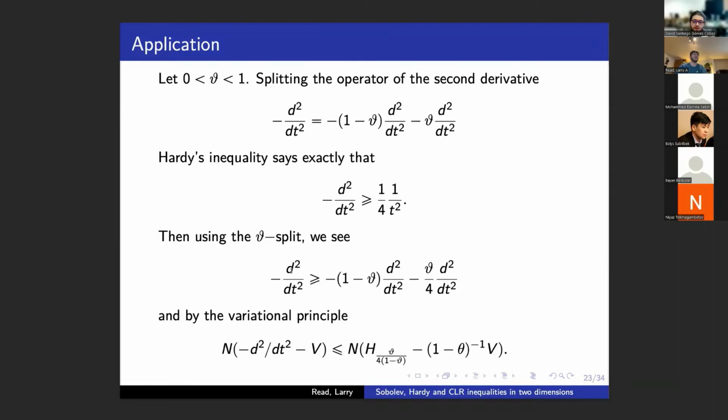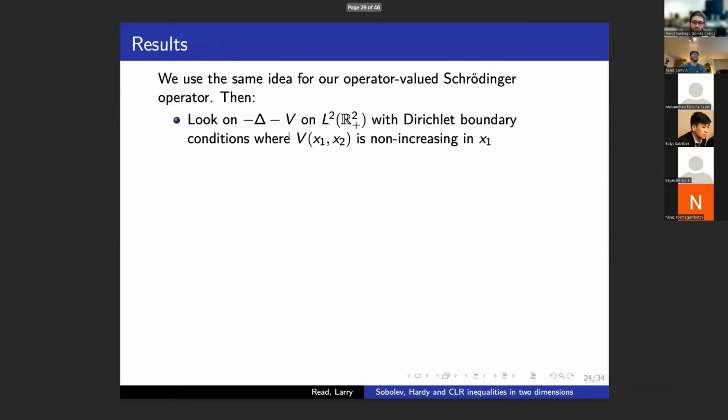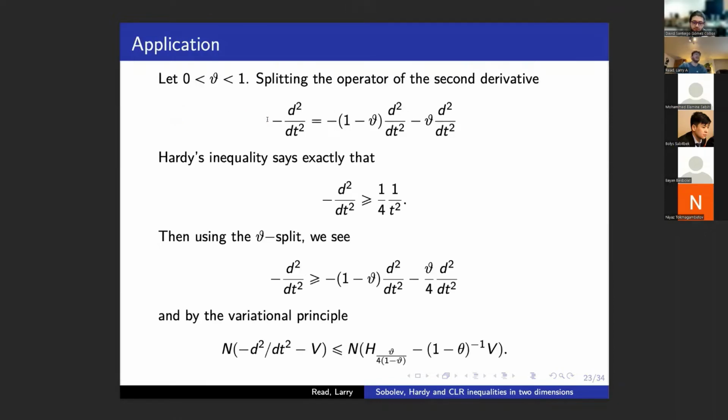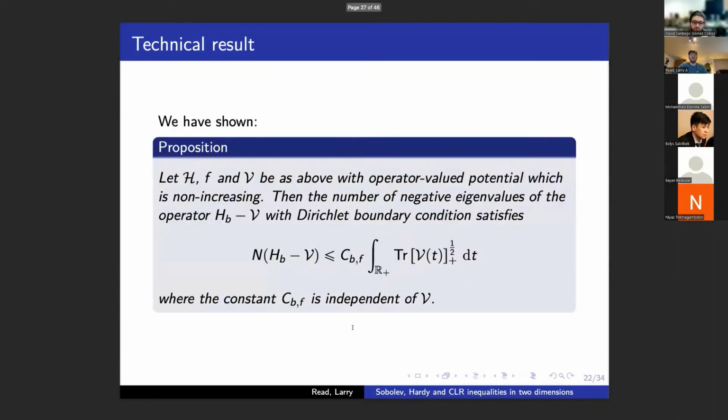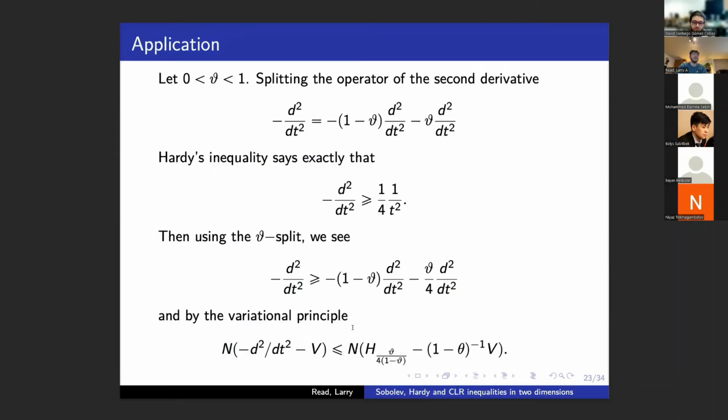What you do here is you take the Laplacian and split it according to any theta between 0 and 1, and again we optimize the constant over theta, and you get some extra term with Hardy.